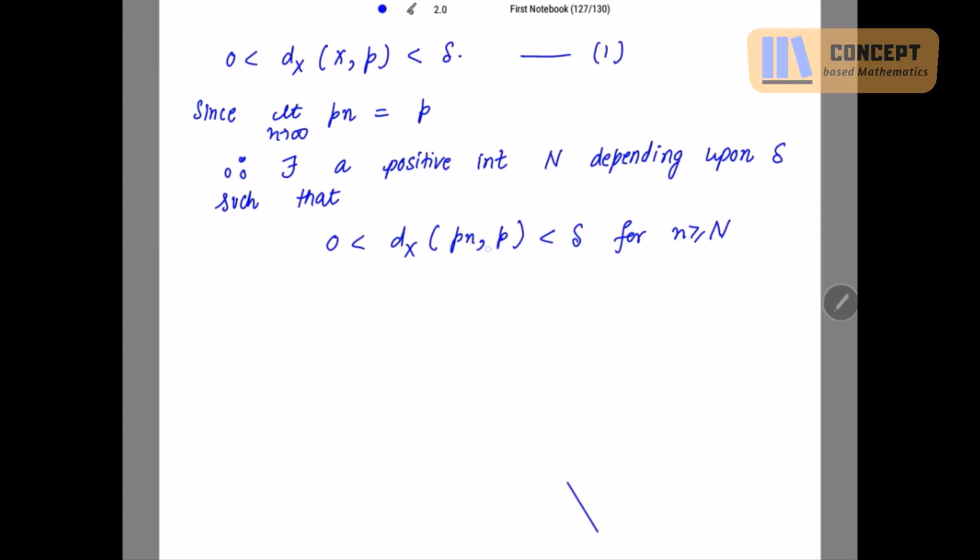Therefore, there must be some distance between p_n and p. Okay, thus n greater than or equal to N implies this distance 0 less than d_X(p_n, p) less than delta. Fine, which implies, now for this, what will be the distance in Y?